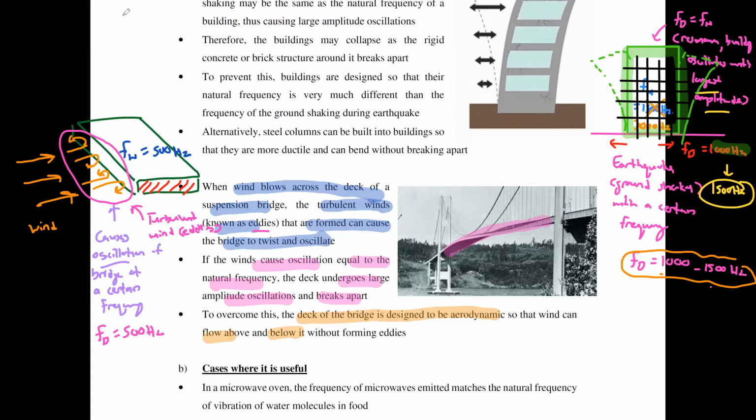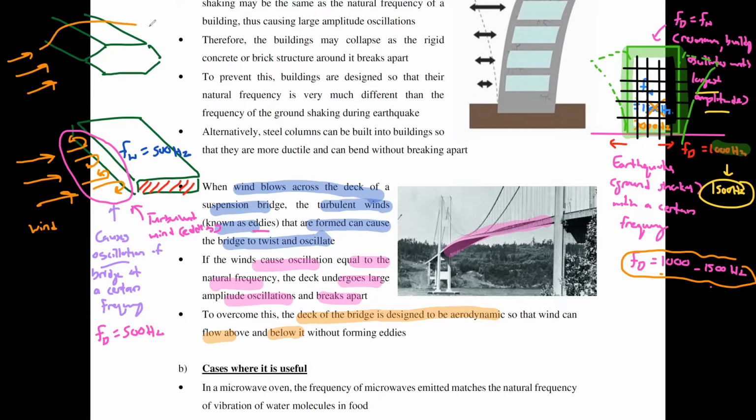What we mean by that is that rather than designing it with a squarish shape like this, you could design it to be a bit trapezoidal like this, something like a hexagon cross-sectional area, so that when wind blows, the wind can just flow above and below your bridge.